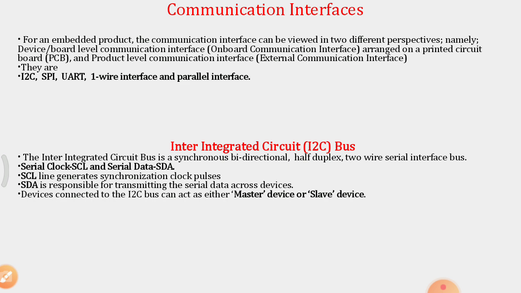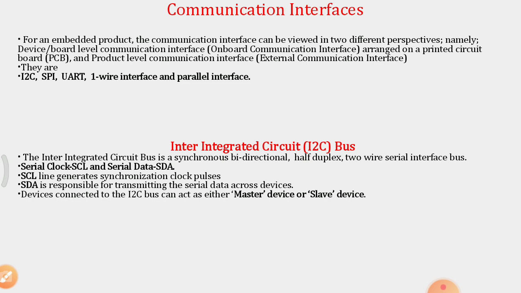Onboard communication interfaces are used for peripherals which are connected on a board by using a PCB, and external communication interfaces are used for external devices which want to communicate with the embedded system. We will go for the onboard communication first.